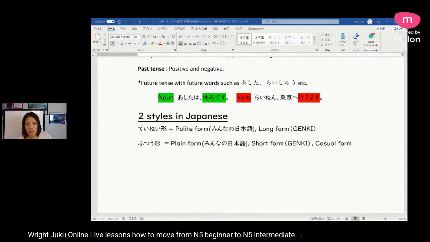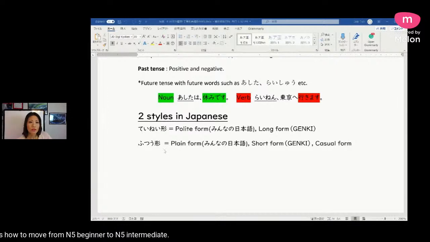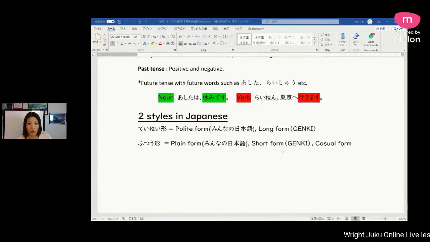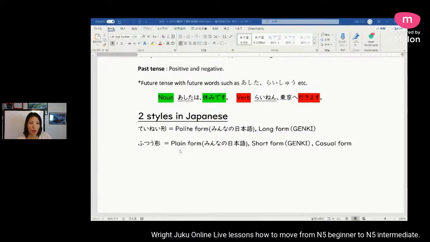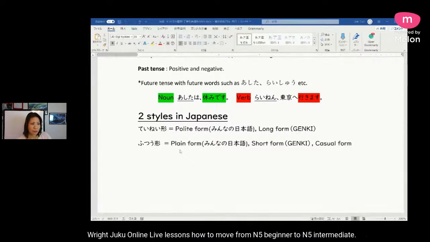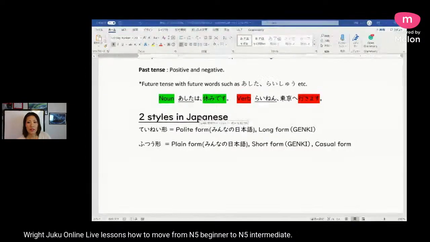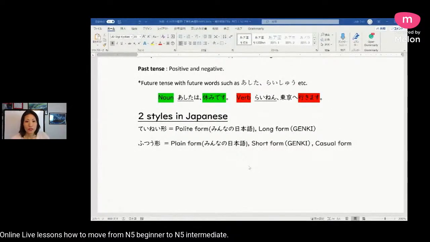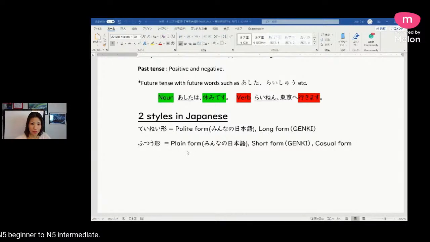If you are using 元気, it's called long form because it tends to be longer. 普通形 is called plain form in みんなの日本語, and short form in 元気. Some people use casual form because we use plain form when we talk to friends. But today I'm going to use polite form as 丁寧形 and plain form as 普通形.